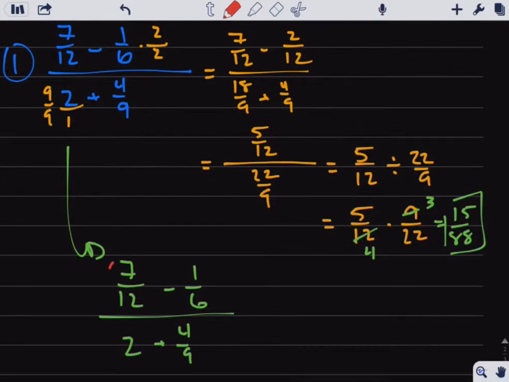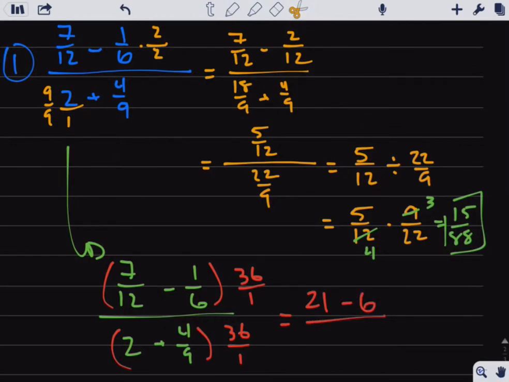The LCD of 12, 6 and 9 is 36, and I get things that work out a little bit better. 36 times 7/12 means the 36 and the 12 reduce, and I get 3 times 7, which is 21. Here, 6 goes into 36 6 times, so I get minus 6.